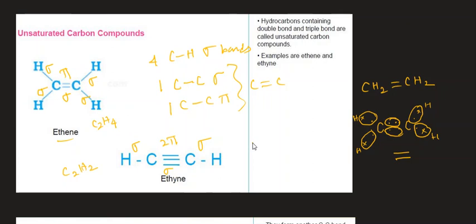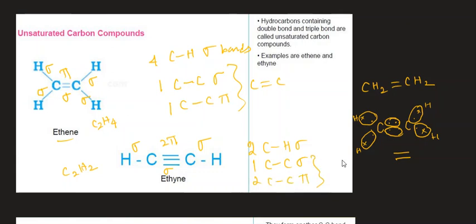Now we have 2 C-H sigma bonds and one C-C sigma bond and two C-C pi bonds.